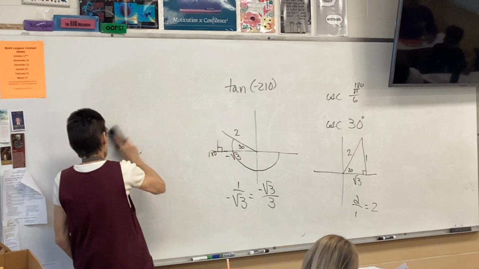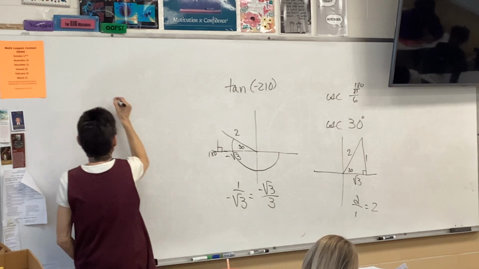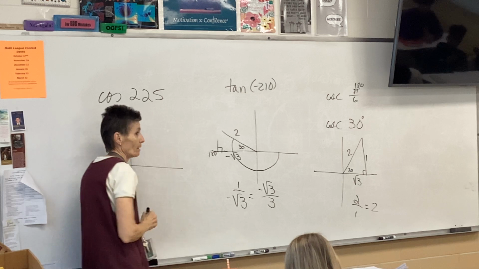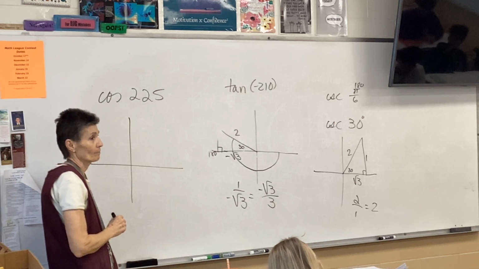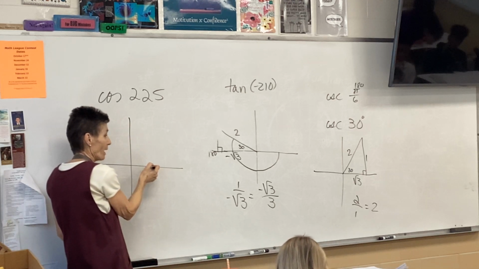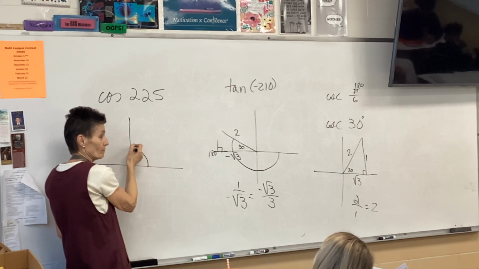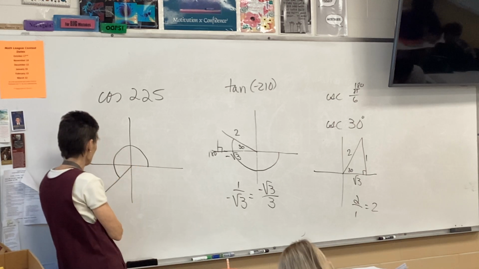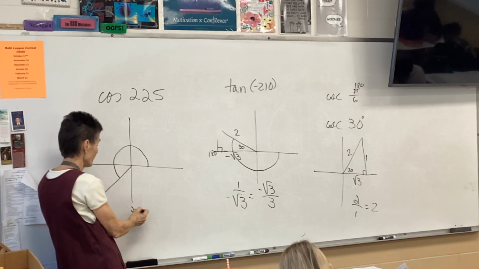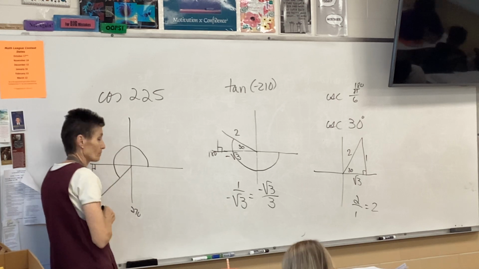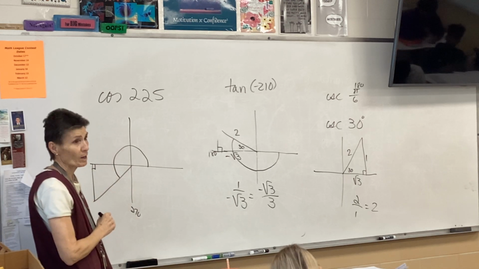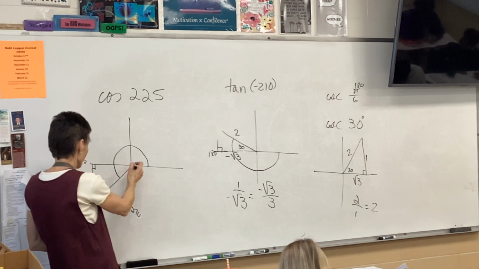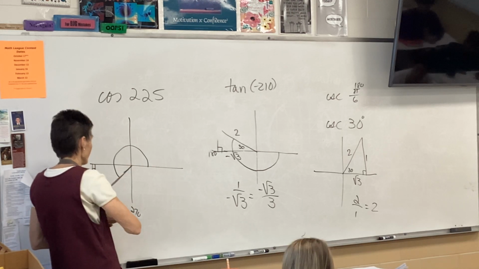And cosine, 225. All right, where's 225? It's positive, so I go this way, right? Third quadrant, right here, in between 180 and 270. So I'll make a triangle. Now that angle I drew, this guy right here, is 225.